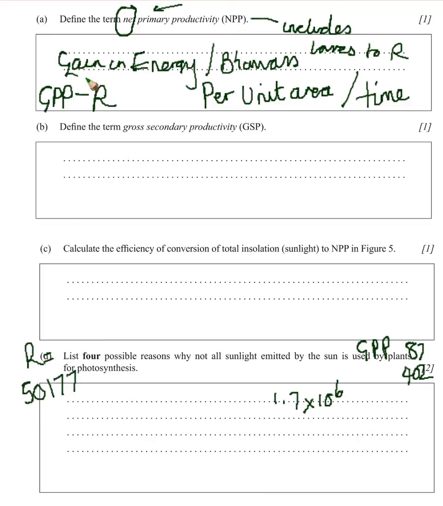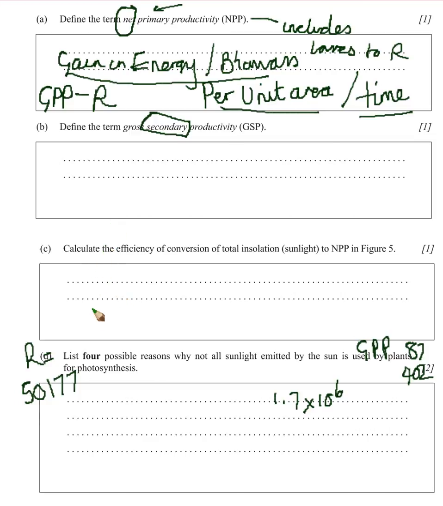So again, we've got gain in energy or biomass per unit area per unit time. But in this case then, not accounting for losses to respiration. And in here, we're looking at secondary. So this is in an animal or a primary consumer. So you need to say something about that.